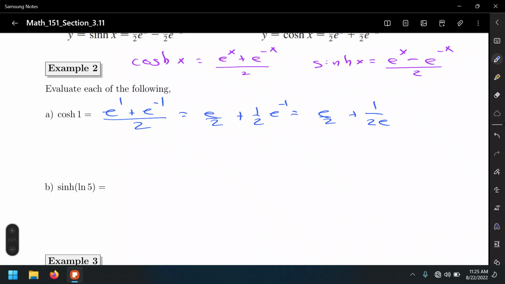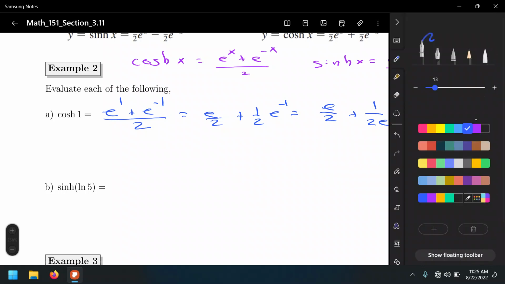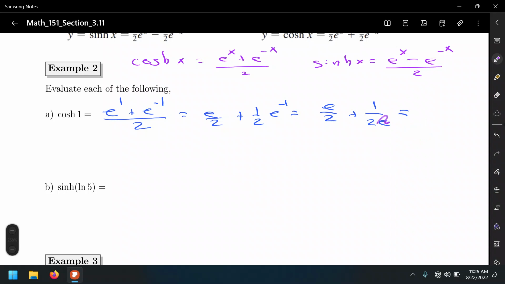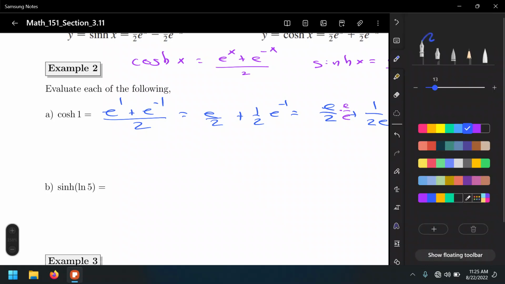We want to combine these two fractions together, but we cannot just combine them like this because we do not have a common denominator. We need to make sure that the two denominators are the same. So this is a 2e. I need to multiply and divide by e on the first fraction, and only then will we have a common denominator and be able to combine the two fractions together.